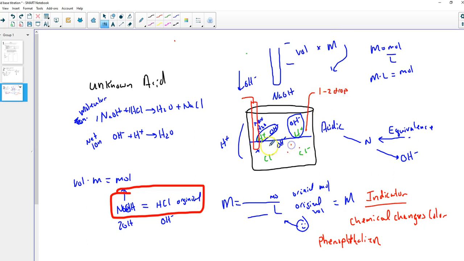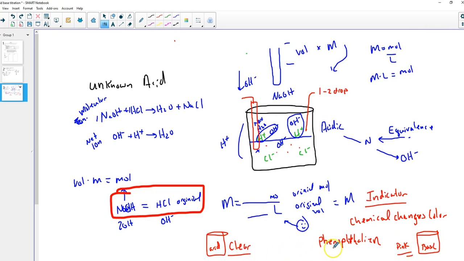When it goes in here, originally it's sitting in a beaker that just has acid in it. In acid, phenolphthalein is clear. That's important to remember. But in the end, you're going to have a beaker that's basic, and it turns pink, or kind of a red color like this particular color that I'm showing.